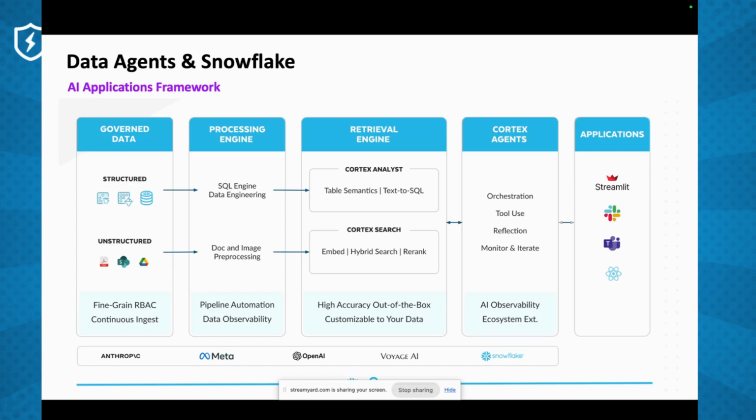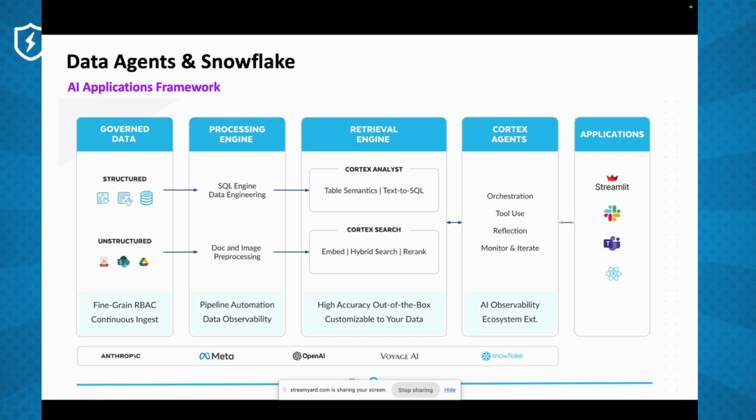Governed data can be structured and unstructured, and that is all sitting inside Snowflake. After that, we are talking about a processing engine. The processing engine for structured data will be a SQL engine, right? We are talking about simple structured data. But for unstructured data, which was a very early play for Snowflake, the way it was able to manage semi-structured and unstructured data, that is all about document and image processing.